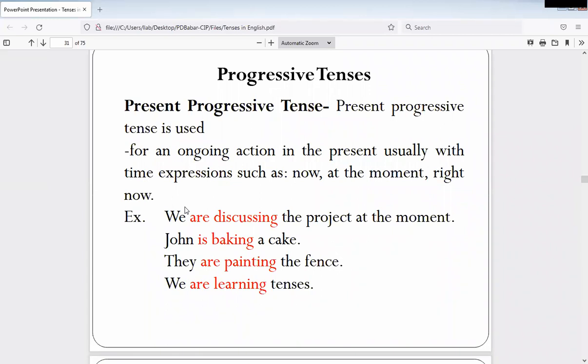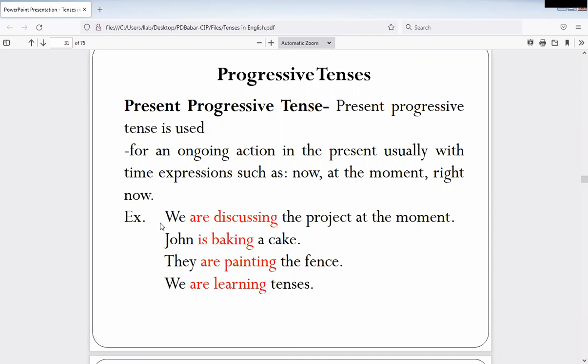For ongoing actions in the present, usually with the time expressions such as now, at the moment, right now, we are using the present progressive tense. So let's discuss it with examples.